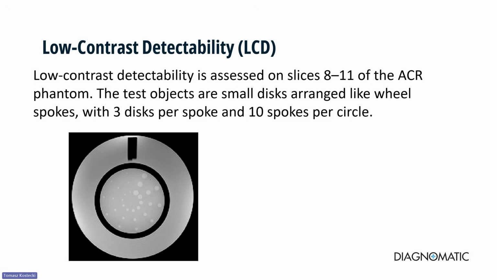The medical physicist selects the slice that is most sensitive to changes in scanner performance, and then this slice is evaluated weekly. Low contrast detectability is then assessed by counting the number of complete visible spokes on the selected axial slice.